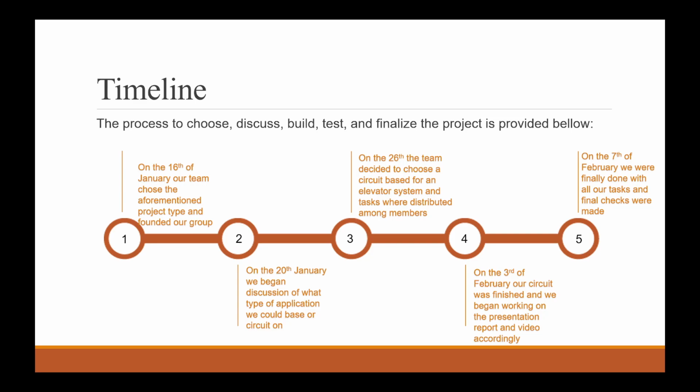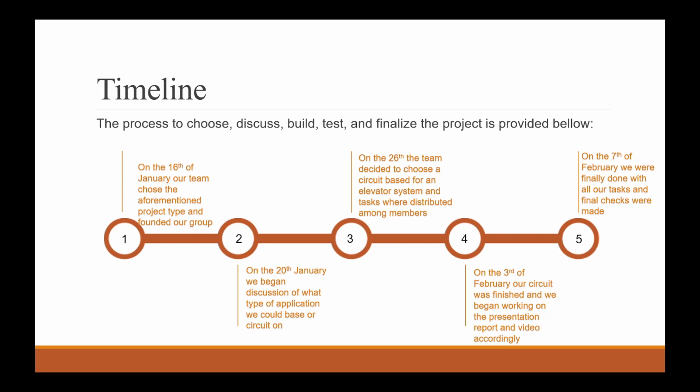The timeline for our project is as below. On the 16th of January, our team chose the aforementioned project type and founded our group. On the 20th of January, we began our discussion of what type of application we could base our circuit on.